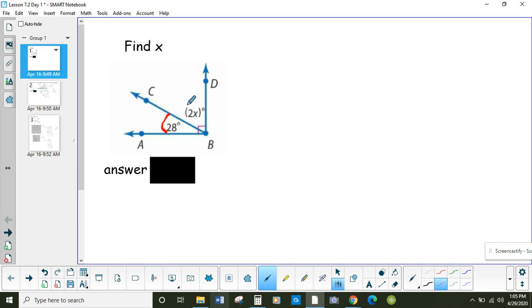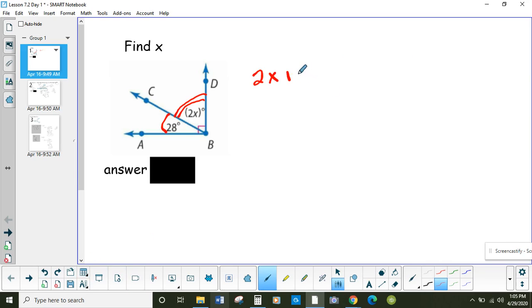One of them is 28 degrees. The other one, we don't know exactly how big it is, but we know that it's 2 times x degrees, or 2 times some number. But I know that this angle plus this angle together add up to 90 degrees because they're what we call complementary angles.